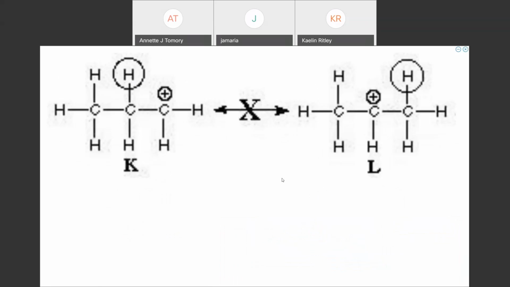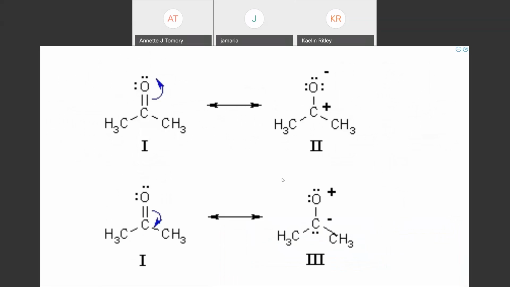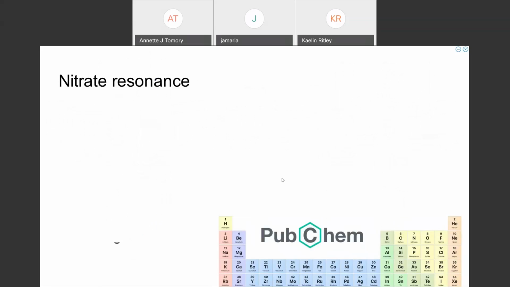Do you remember double bonds, though? You will need those for the resonance part. I'm going to skip ahead. The carbonate resonance, I don't think it's on your worksheet. You're going to have to get out a separate sheet of paper right now to do these.